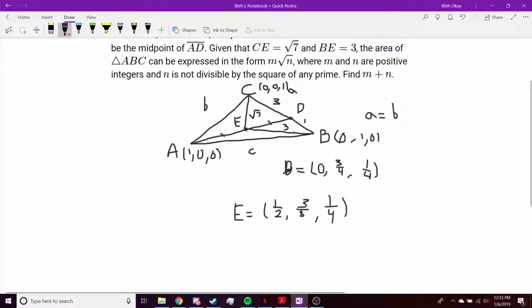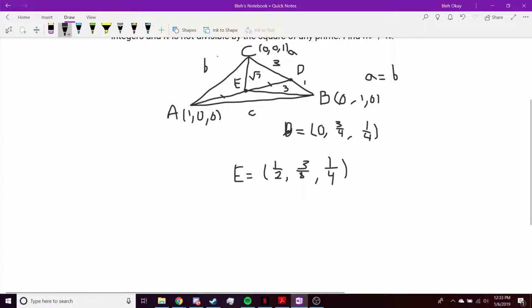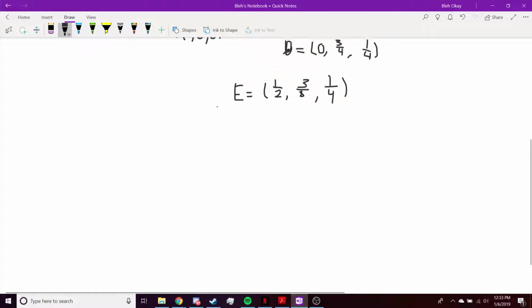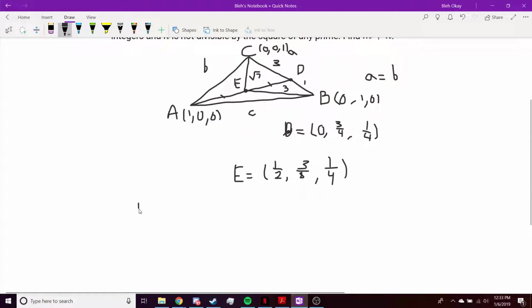We know that BE is a length of 3 and CE is a length of 7. So we can use the distance formula and find expressions for these lengths. So what we want to set up are displacement vectors BE and CE, and a displacement vector is just like in normal vector systems. You basically take the coordinates of your ending point and subtract the coordinates of your initial point.